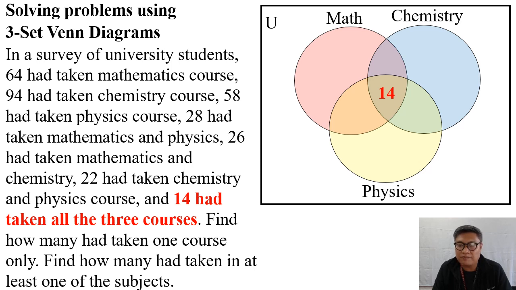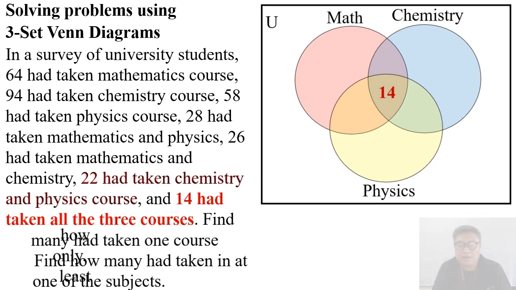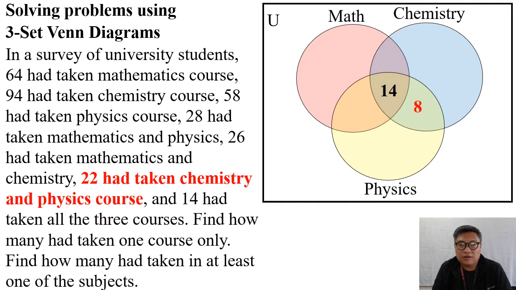So we start from the intersection of the three. Then we can now start going up, meaning we need to find out the intersections of the two sets. So here we have 22 had taken chemistry and physics course.